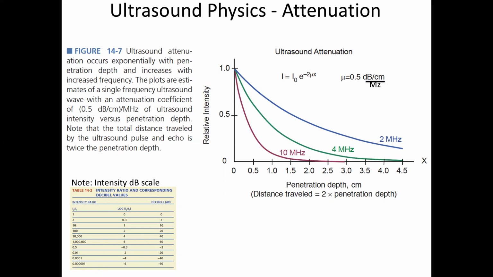So if I have water, say, or some uniform material, and I start a pressure pulse with a specific amplitude, we'll just call it 1 in some units, and then I look at the amplitude as we move deeper and deeper into the sample, say in centimeters, I will see that the intensity drops as I go down, okay?